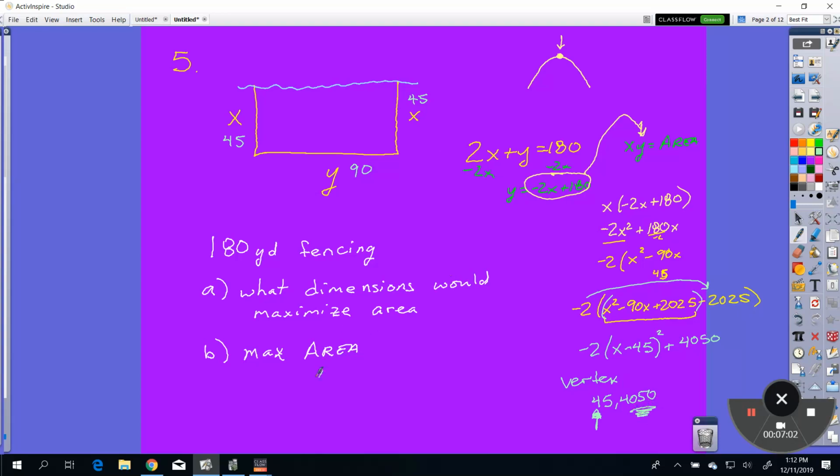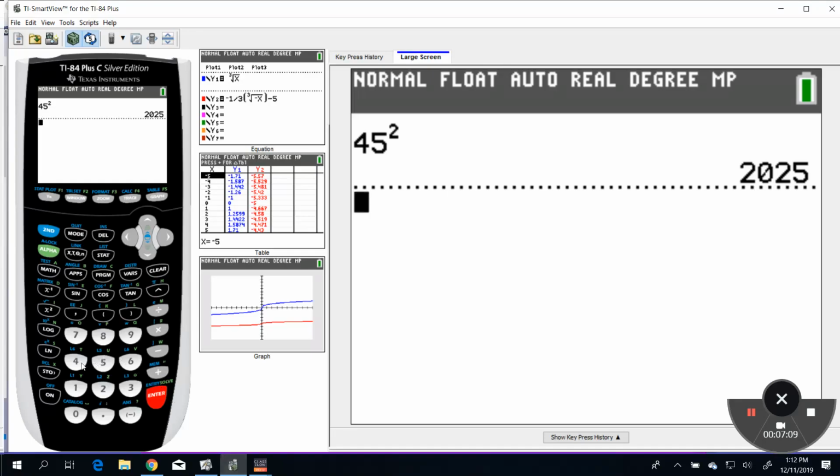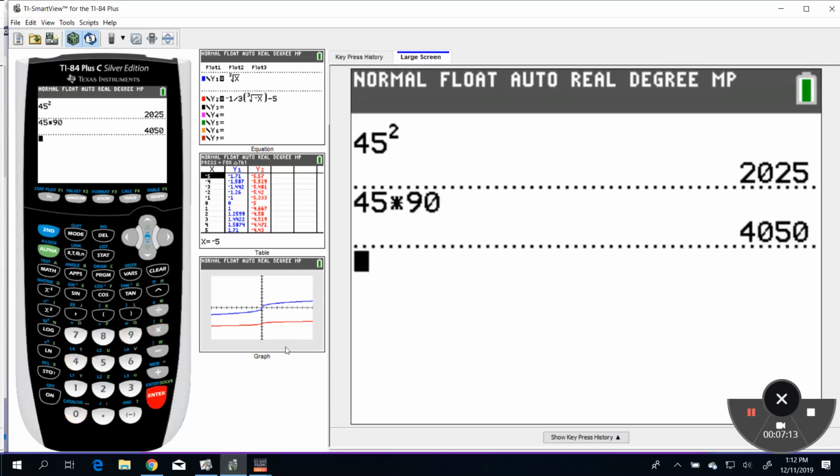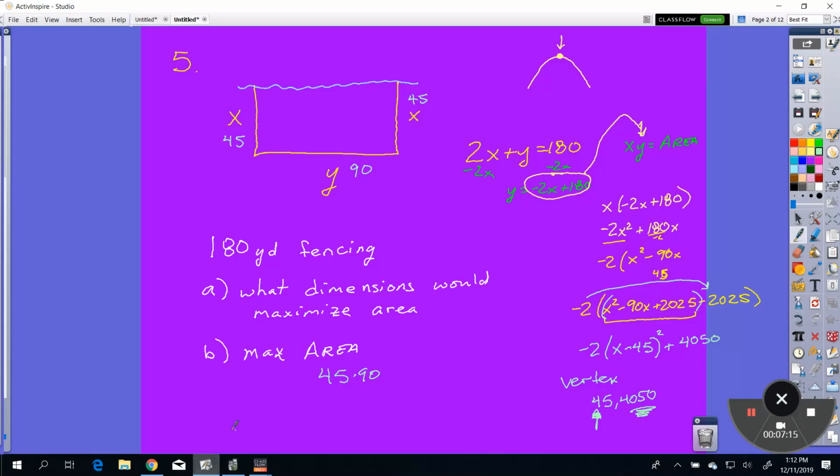If you multiply 45 times 90, you would actually get 4050. So anyways, that's how you do question number 5. The dimensions are 45 by 90, and the area is 4050.